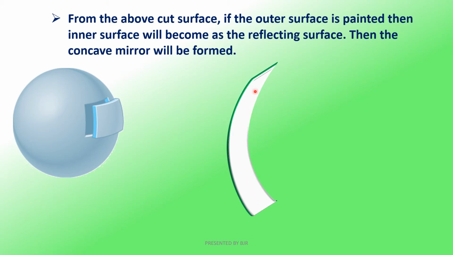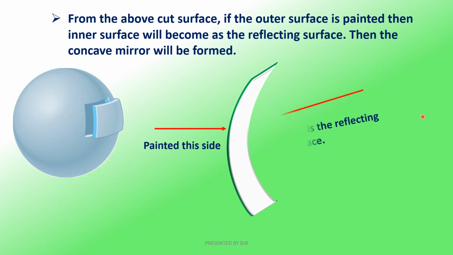So it is like a cave that is curved inward. That's why it is called the concave mirror. So painted this side, and this will be the reflecting surface. As the reflecting surface is curved inward, that's why it is called the concave mirror.